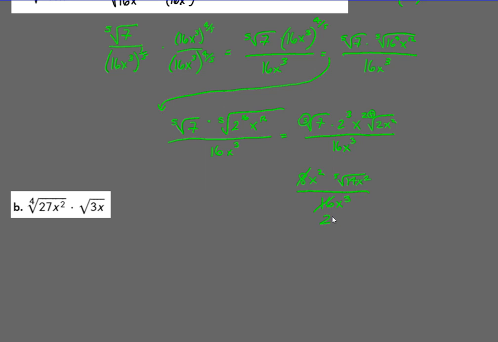The 8 and the 16 cancel to become 2. The 3 and the 2 cancel with our subtraction. This goes away. That's just x. So my final answer is everything that doesn't have a line marked through it now, the fifth root of 14 x squared all over 2x. And that's the end of that problem.